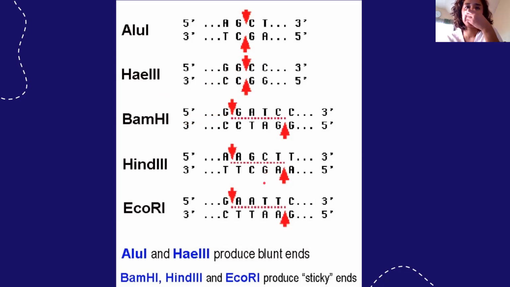Ayan, so mga blunt naman yan. So, notice, pagkaiba talaga yung mga protruding. Ito, 5' to. So, kung saan mas malapit yung overhang, yun, 5', 5', 5', yan, 5', 5', rin itong mga protruding ends.